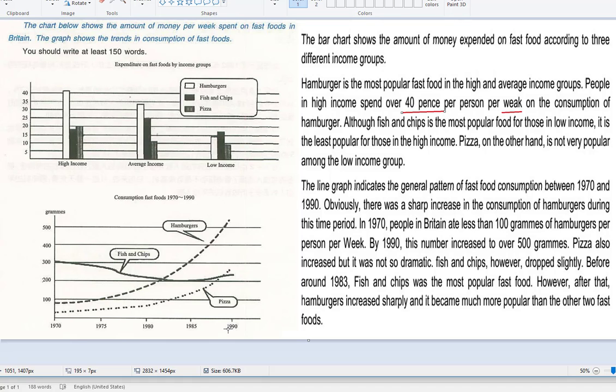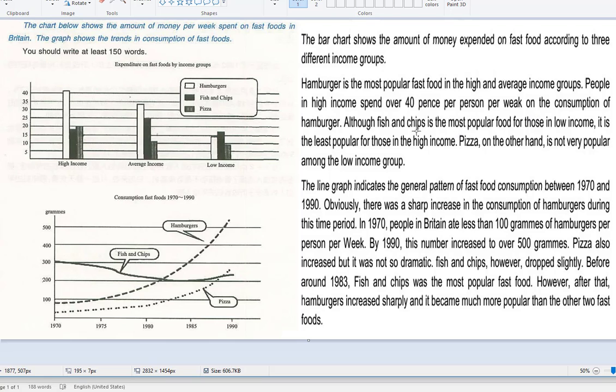What is this date? 1990. How do we know that this is the correct unit? Here are just numbers. How do we know it's not pounds? Okay, so there's no unit given. This person chose pence. I would personally have chosen pounds, but okay. 40 pence, it's too little.